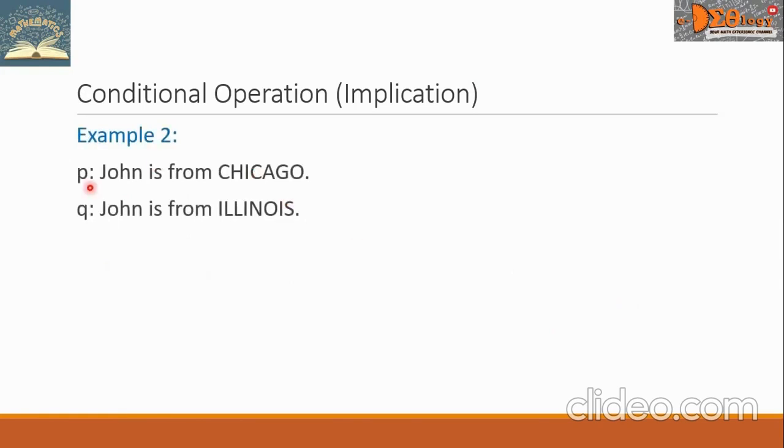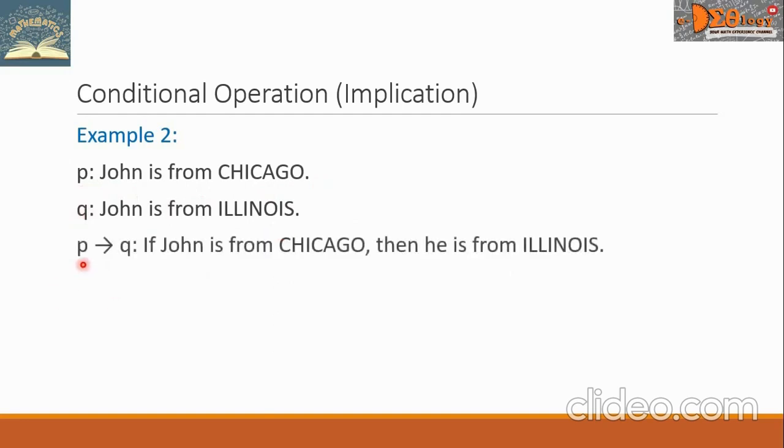Example 2. Proposition P: John is from Chicago. Proposition Q: John is from Illinois. P implies Q, we write: if John is from Chicago, then he is from Illinois.